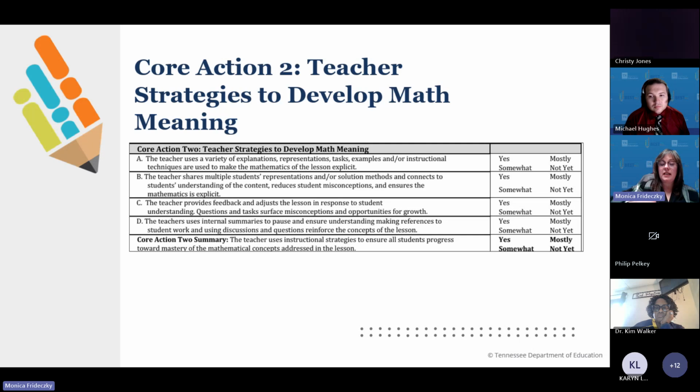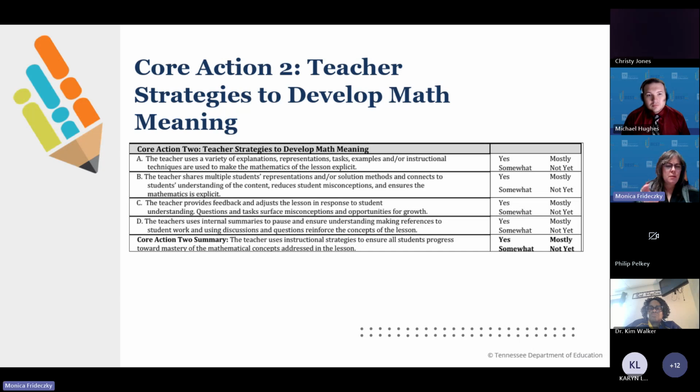These directly align with or call out all 8 of those practices in A, B, C, and D. As you read through core action 2, we want to hone in on the intentionality of the teacher moves around questions and tasks. We're looking at instructional strategies, but the big picture is whether the teacher is using their materials in a way that allows all students the opportunity to interact and explore math.